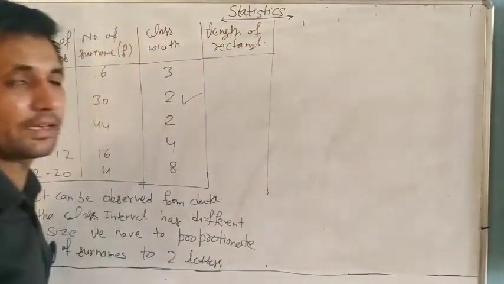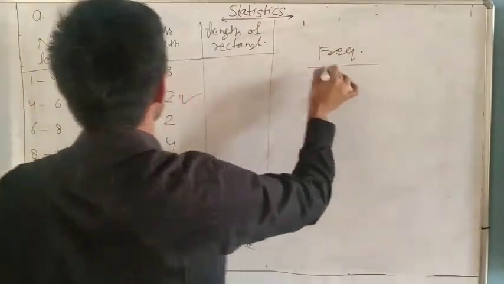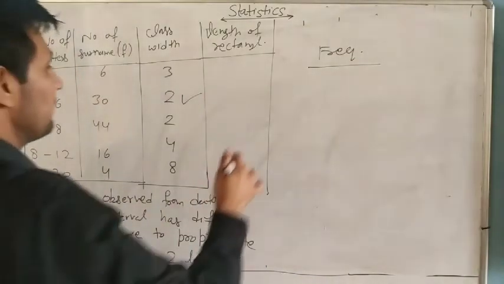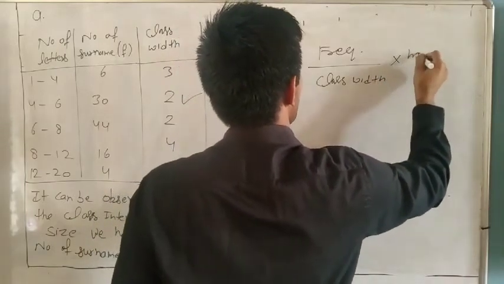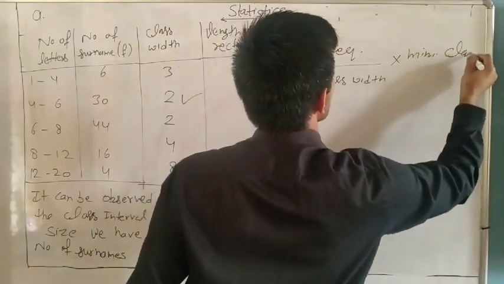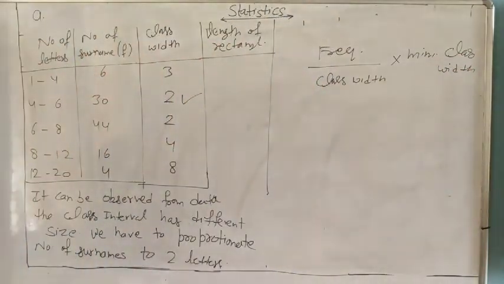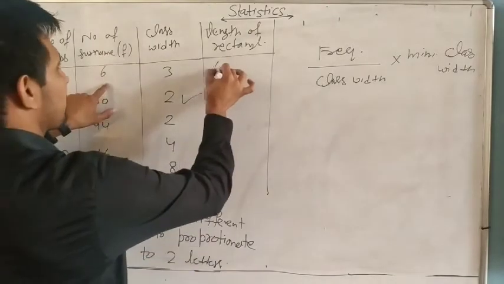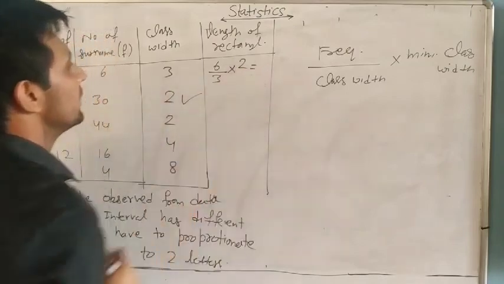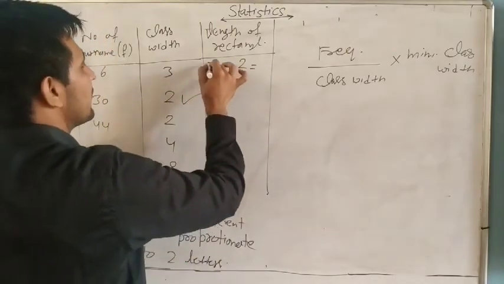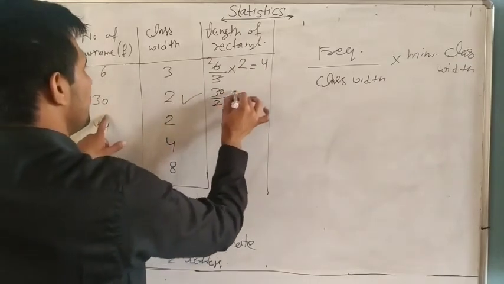How will you find the length of rectangle? Frequency divided by class width, into minimum class width. So frequency 6 divided by class width 3, into minimum 2, so 3 cut by 3 gives 2.